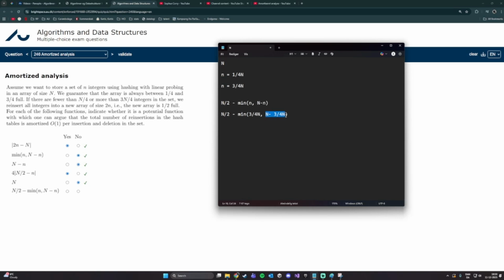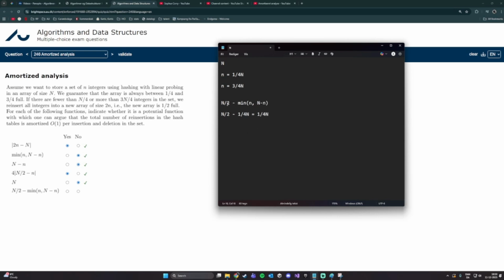This is 1/4 n, and so this one, n half minus 1/4 n, is 1/4 n. That's what we had for the last one as well.